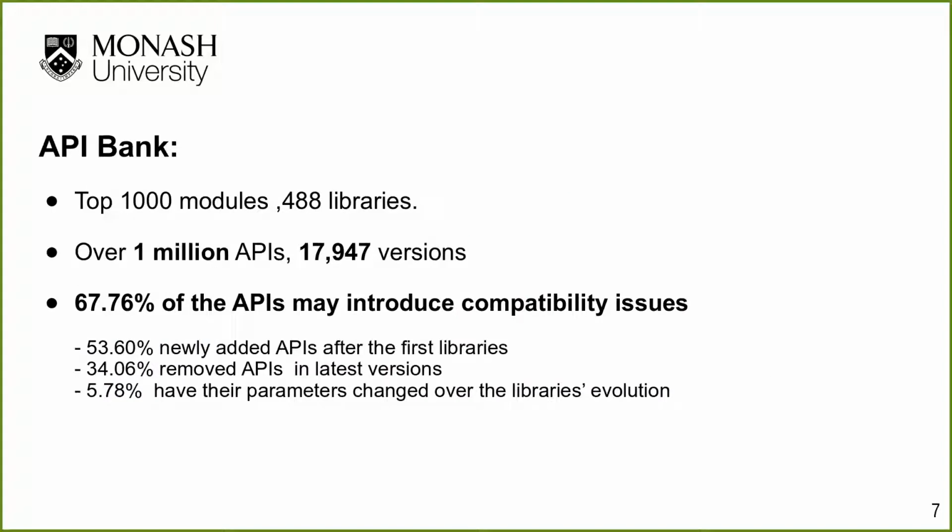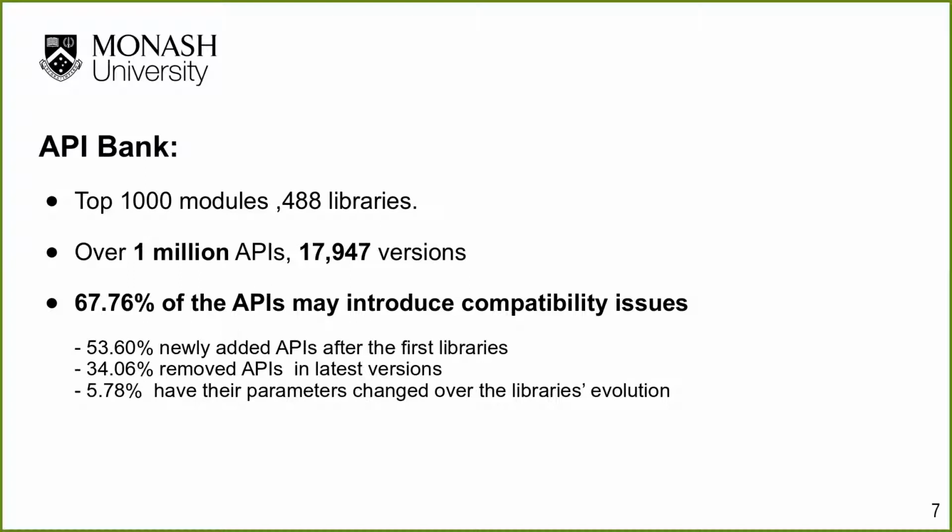We selected the top 1,000 most important modules to query the official Python library repository PyPI, and then collected 488 popular libraries from its around 18,000 historical versions to construct the API bank. The API bank has indexed in total more than 1 million APIs. We further conducted a statistical analysis of all API data and found that more than 50% of APIs are newly added after the first release.